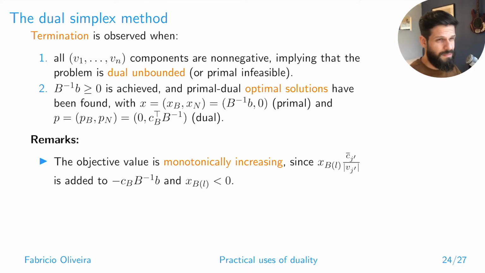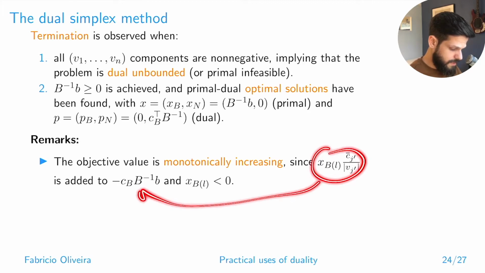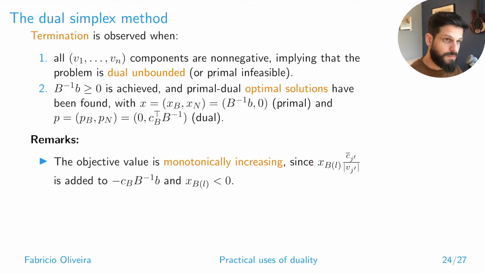That's why I personally don't really like tableaus that much, because they may be confusing depending on the convention you adopted. We are adopting the same convention as the textbook, and the convention of the textbook looks at minimization problems, and because of that, this thing has a negative sign, and it works out that it is then adding to this. If it weren't, the resulting outcome is the same.